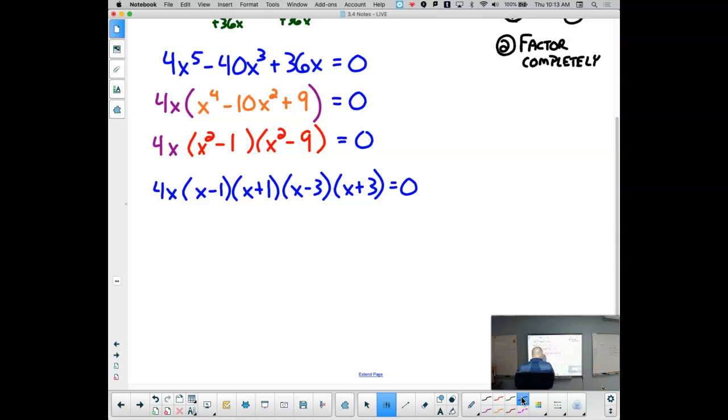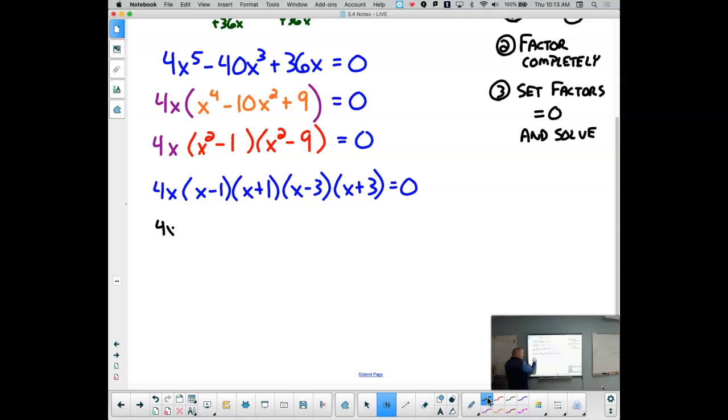And now we set up some mini equations. I call them mini equations, but you set each factor equal to 0, and you solve from there.